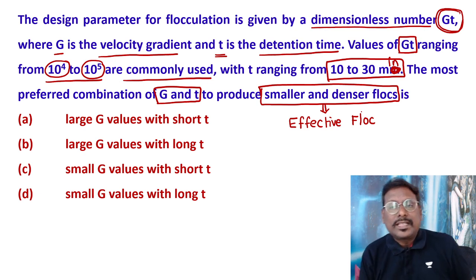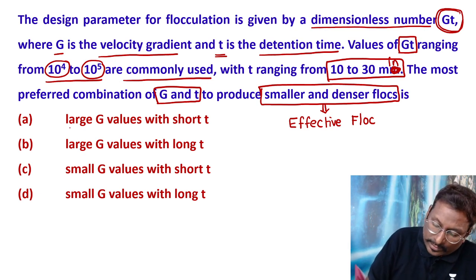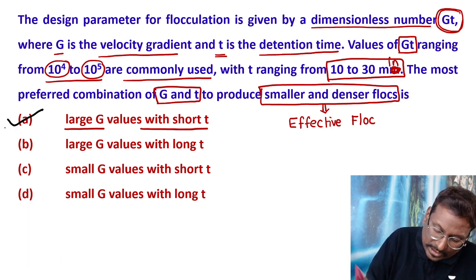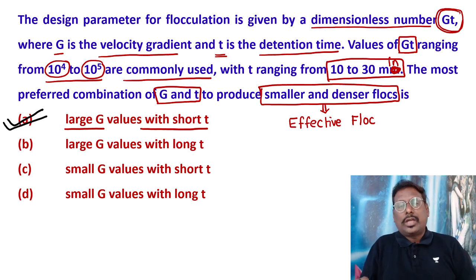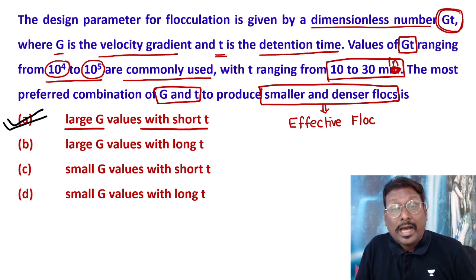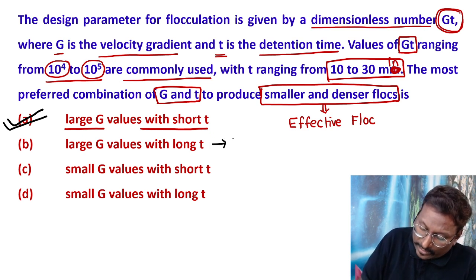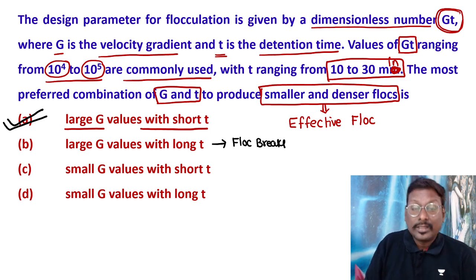That effective flock, smaller and denser, comes with large G and short T. Large G and long T: flock breaks, no flock exists.